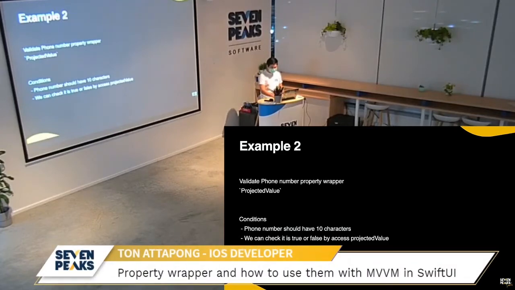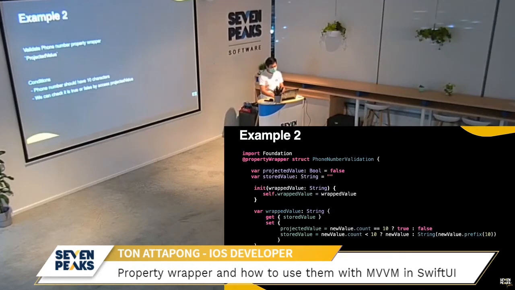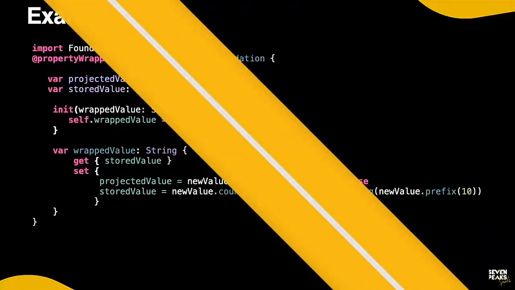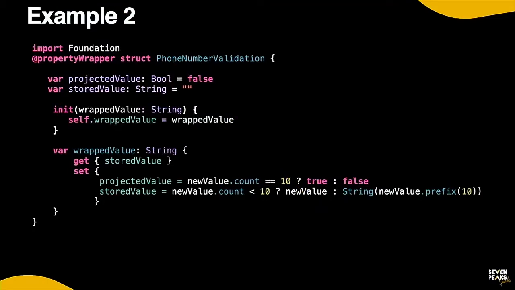So we're gonna create a property wrapper to use projected value with a condition like this. Phone number should have 10 characters. And we can check whether it is true or false by accessing the projected value. Here is the code. As you can see, in the projected value at the set, we can set the condition and set the value to the projected value, and we can access it.